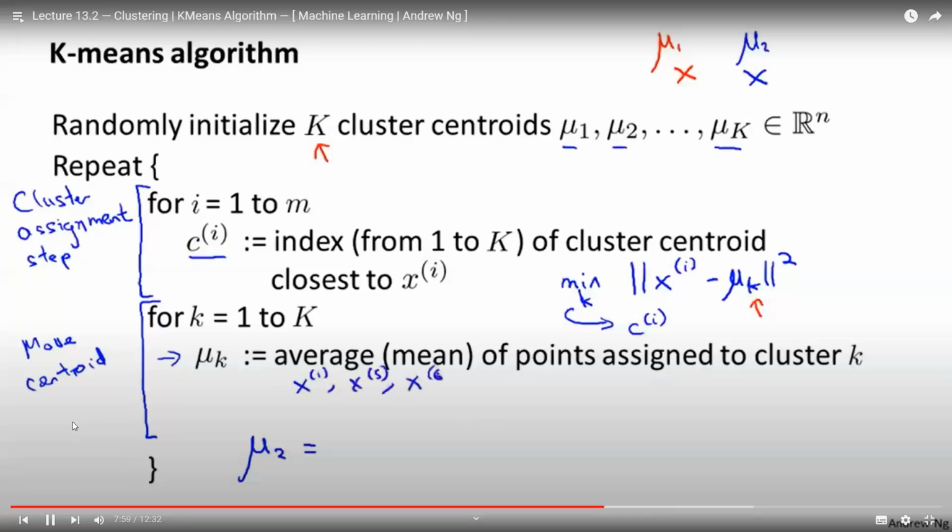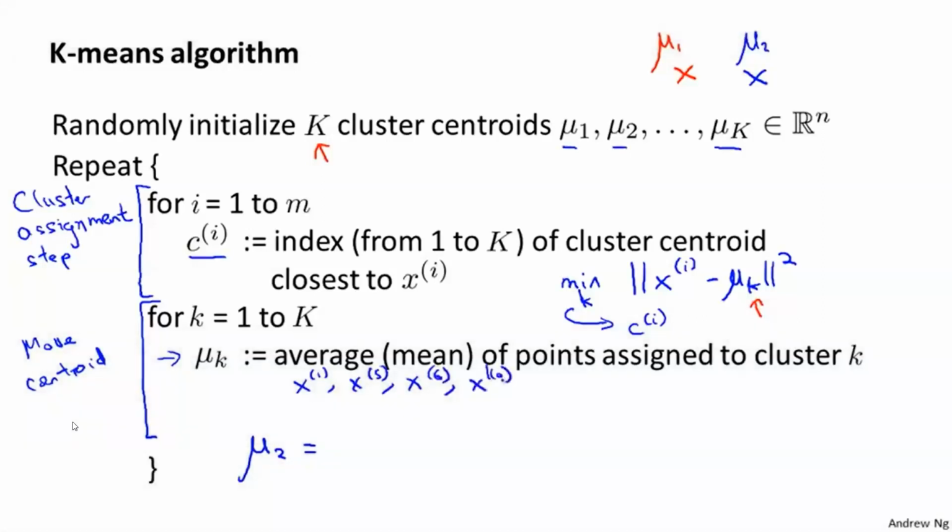5, 6, and 10 assigned to it. What this means is that c1 equals c5 equals c6 equals c10 equals 2. If we got that from the cluster assignment step, then examples 1, 5, 6, and 10 were assigned to cluster centroid 2.